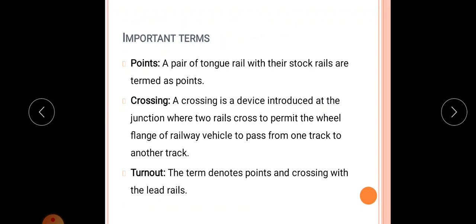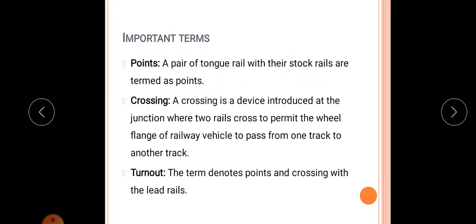Next are some important terms. First, points or switches: a pair of tongue rails with the stock rails are known as points. I will explain later what a tongue rail and a stock rail are. The arrangement of tongue rail with stock rail is known as points or switches, provided in order to divert to the next track.